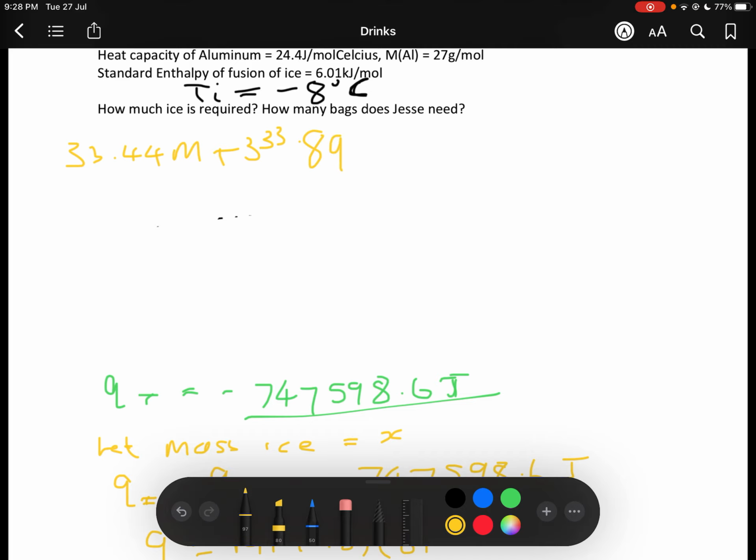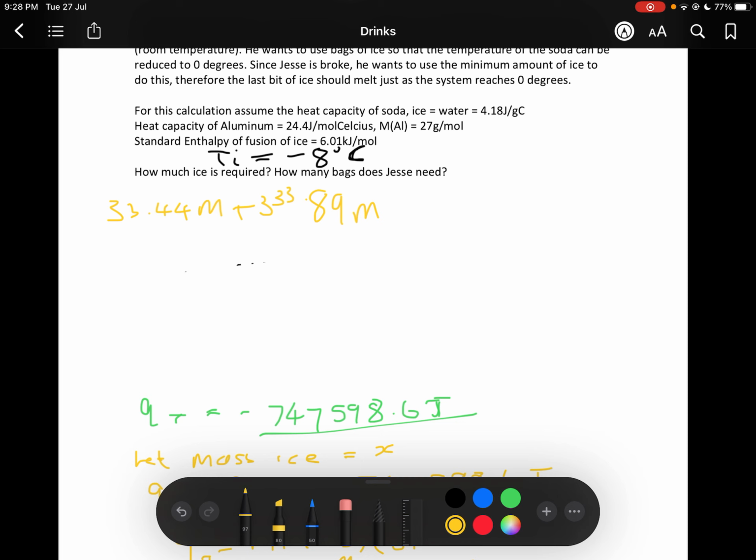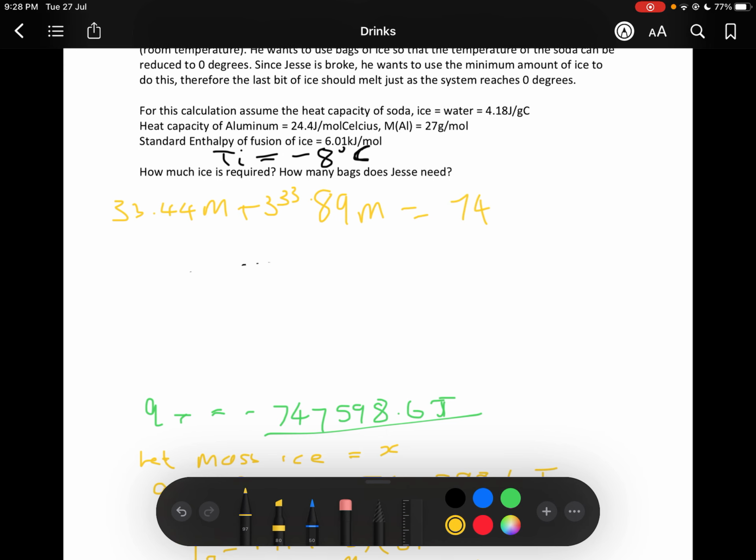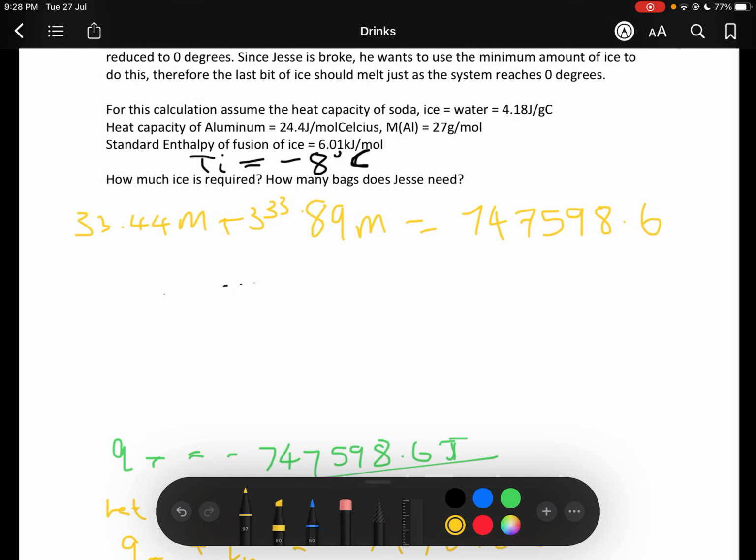Sorry, my writing's a bit messy. Times that mass, and that is equal to 747. We can ignore the negative sign here because we know that the ice is going to be absorbing the energy. So this much particular ice is going to absorb 747,598.6 joules of energy in order to lower the temperature of the system back to 0 degrees Celsius.